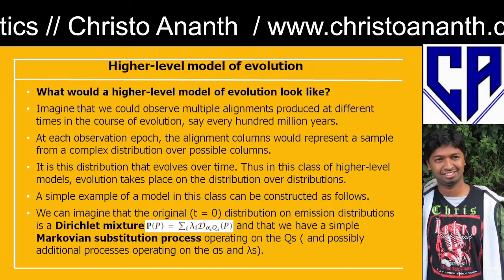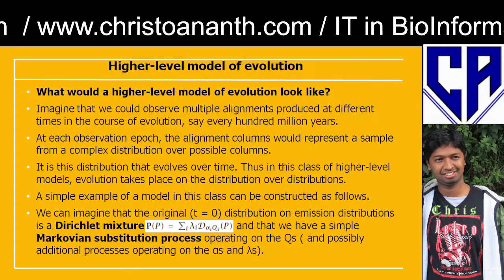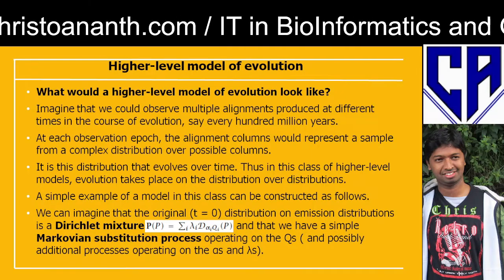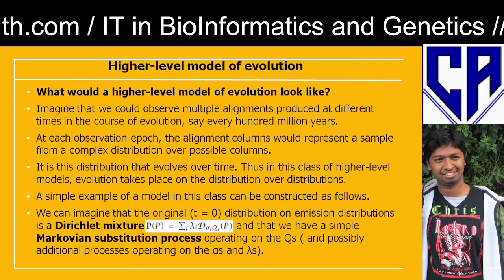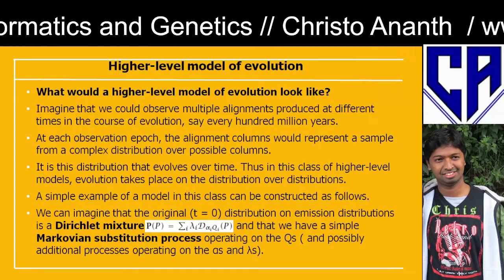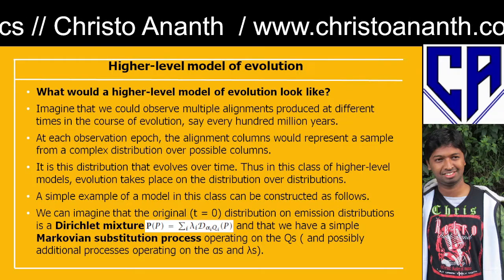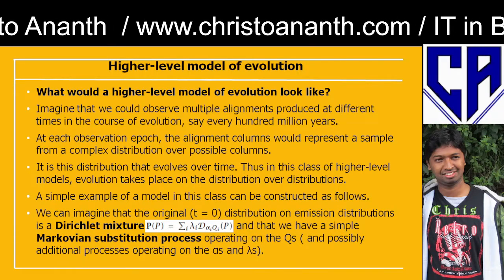We'll have P of p equal to the summation over i of lambda_i D of alpha_i, q_i of p, and a Markovian substitution process operating on the q's. We'll have A_S and lambda_S, which are additional processes to the Markovian substitution process.